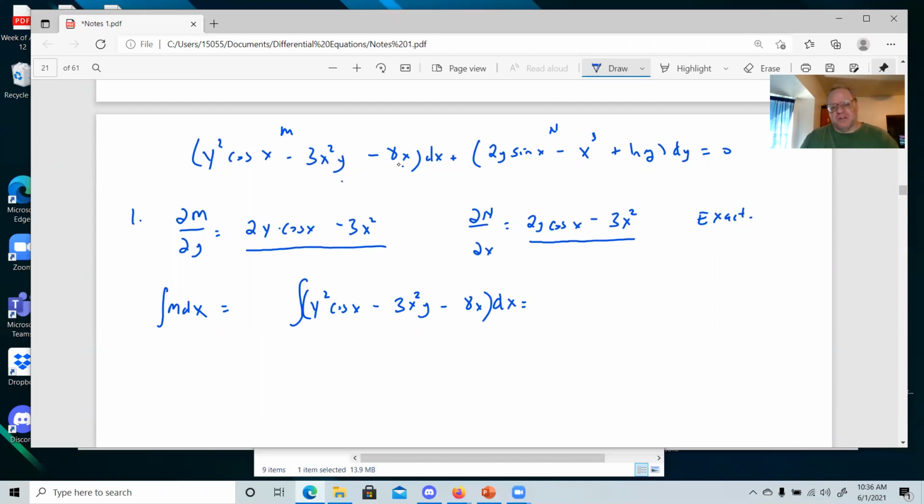The integral of y squared cosine x, y squared is constant, so the integral of cosine is just sine. So we have y squared sine x minus, y is constant, so we get one third x cubed times 3, so minus x cubed y, and minus 4x squared, plus some function with just y in it.